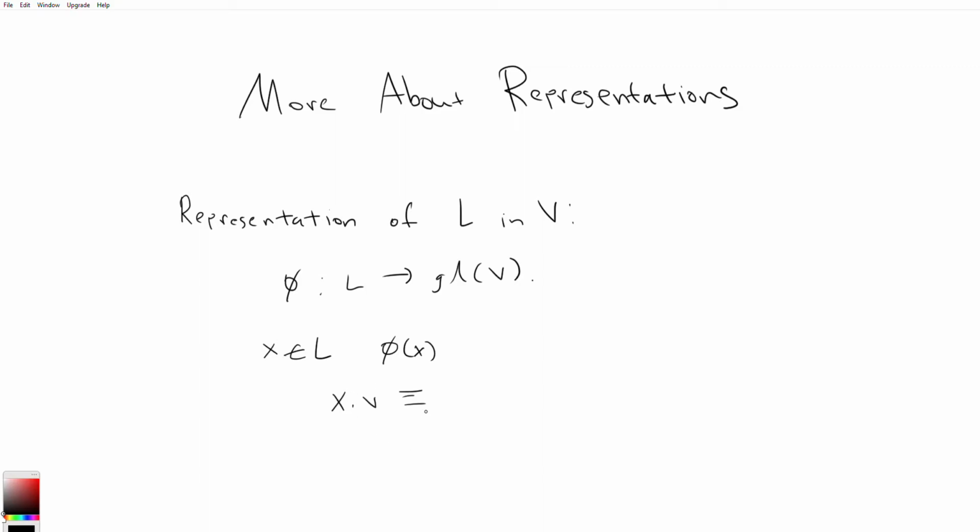And this is congruent to saying phi of x times v for some vector v in the vector space.